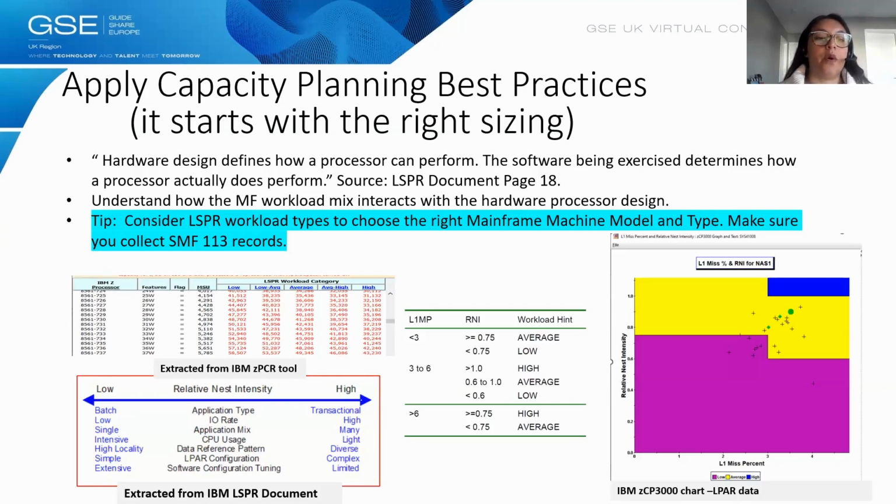That's why it's so important to have the CPU MF records or the SMF 113 records available in collecting, because the 113 or CPU MF can give you a very good view on how your workload behaves with that processor model. So in this example here, the purple area shows the low workload classification in the LSPR table. The yellow is the average and the high.